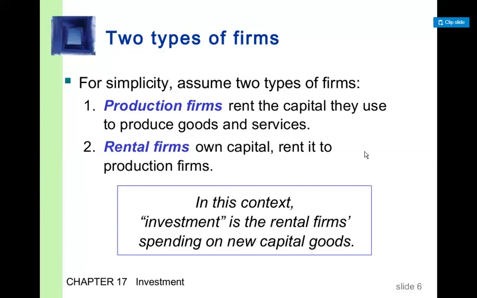Like Fahil is doing business. What does Fahil do? Fahil does the socks hosiery business. So to produce socks, first of all he will take machines on rent, because this is a producing unit. Fahil is a producing firm. So Fahil will get machines on rent. Then he will use these machines to produce goods, to produce socks and services.